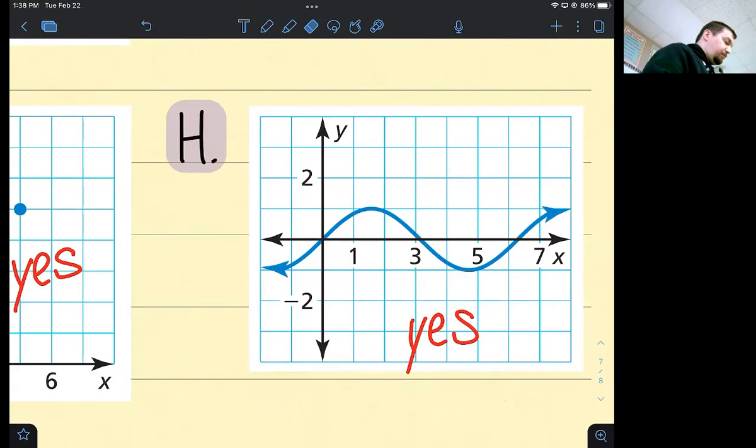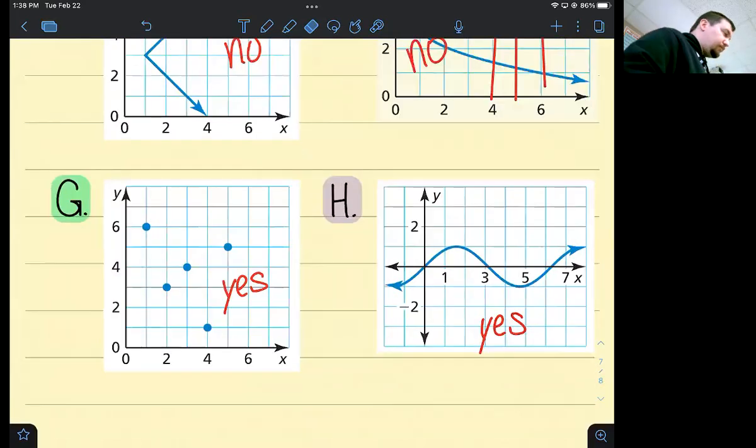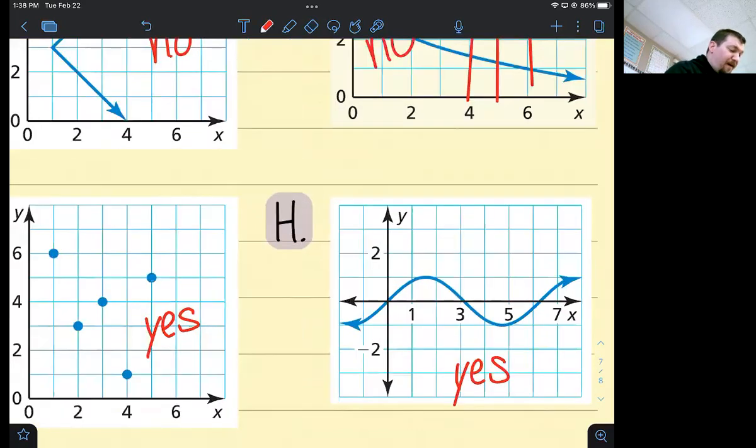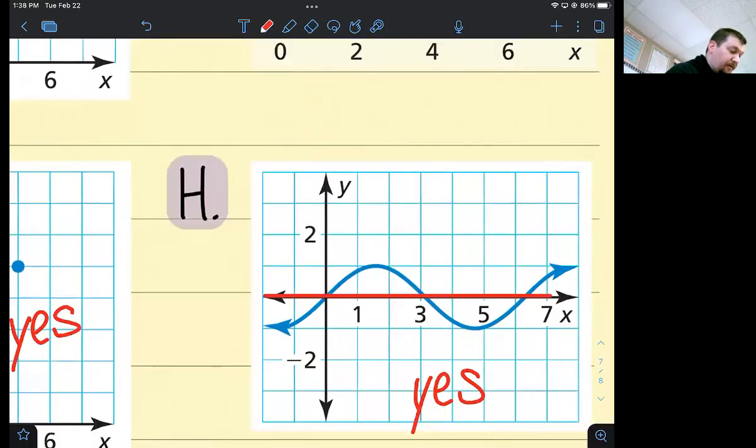So usually you could draw any vertical line imaginable. Oh, never mind. So here's a good point. If I draw a horizontal line, does it cross more than one time? Yes. Okay. But am I allowed to have an x coordinate going to a y point with another x coordinate going to it?